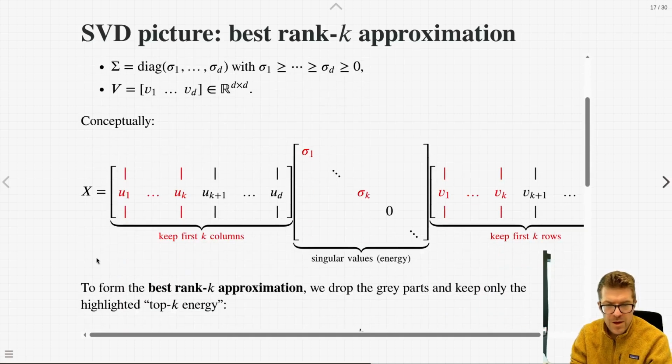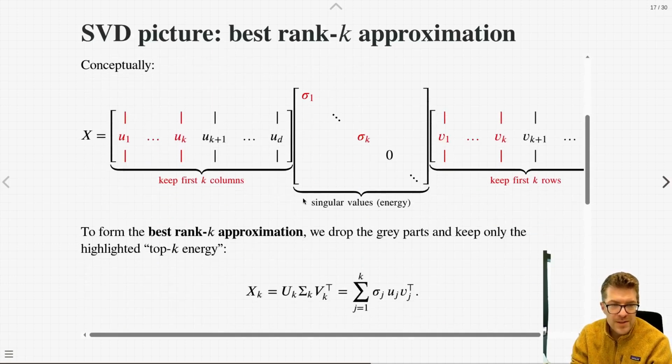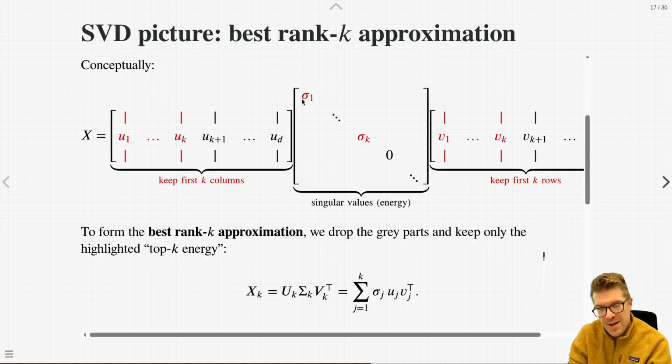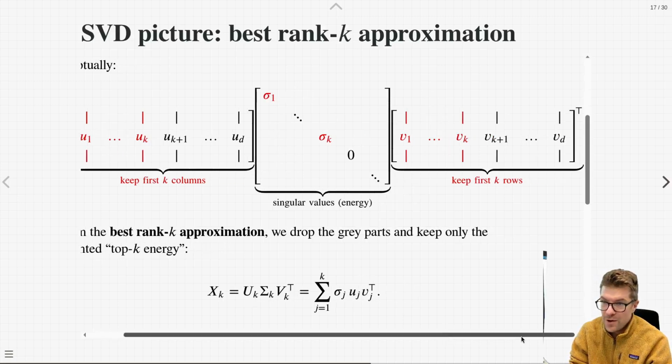So anyway, to form the best rank k approximation, an approximation of the data with rank k, you can drop all of the gray parts and keep only the top k parts. So I take the first k columns of U, I take the first k elements along the diagonal of sigma, and I take the first k rows of V, which are columns of V transpose.